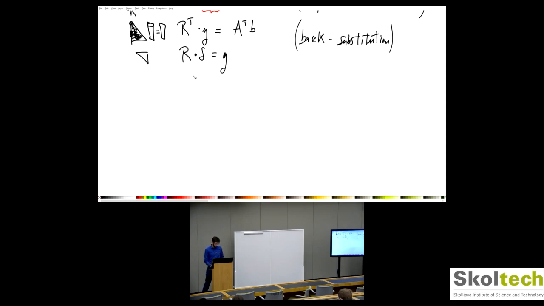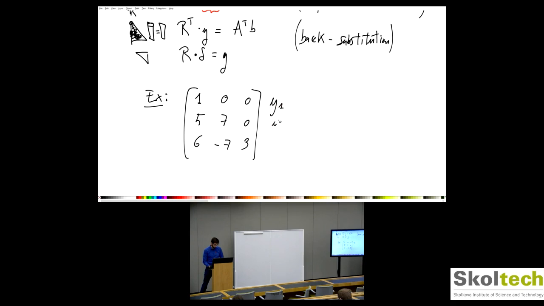Okay, so this example, right? I'm going to write a lower triangular matrix, something like this. The numbers are just made up, just for me to calculate things easily.